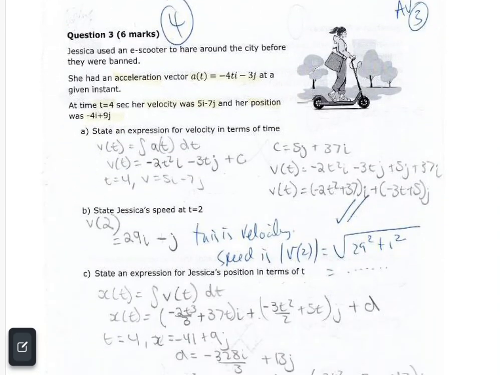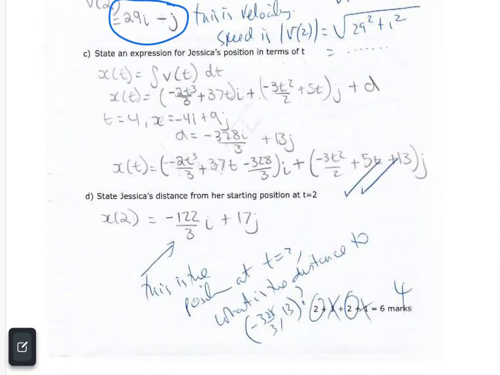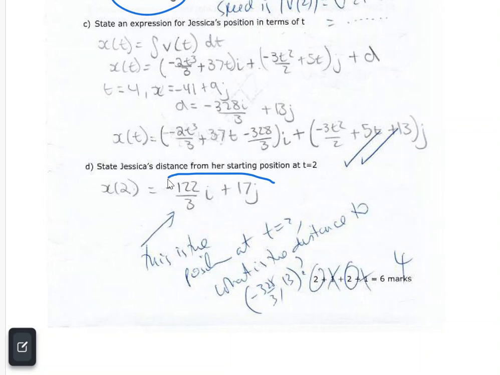Question number 3 was good, 4 out of 6. You've given me the velocity, you haven't given me the speed, which would be the square root of 29 squared plus 1 squared. And again, you gave me the position at t equals 2. You didn't give me the distance, remembering that it started here.